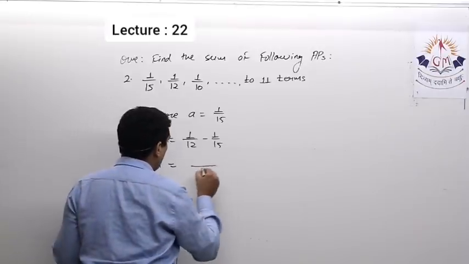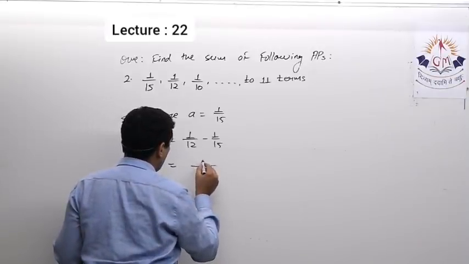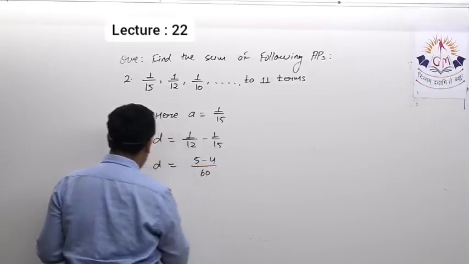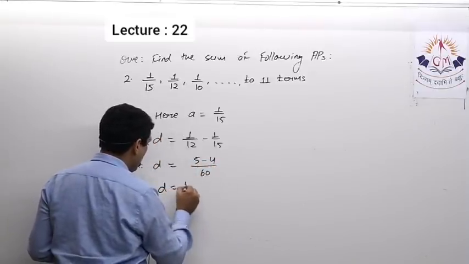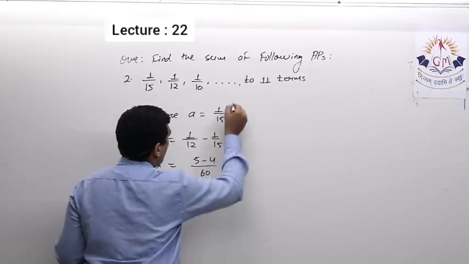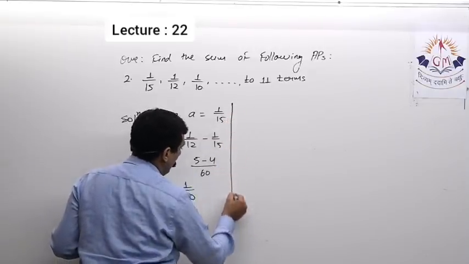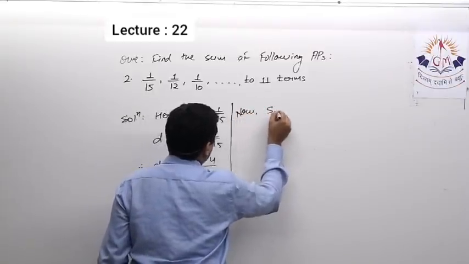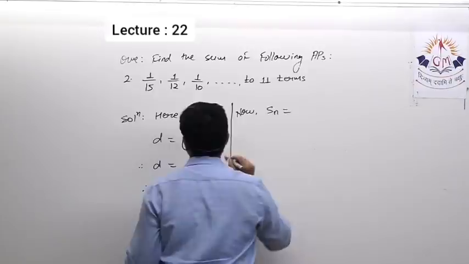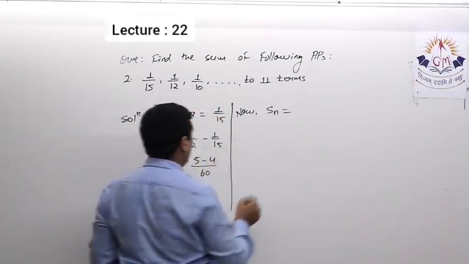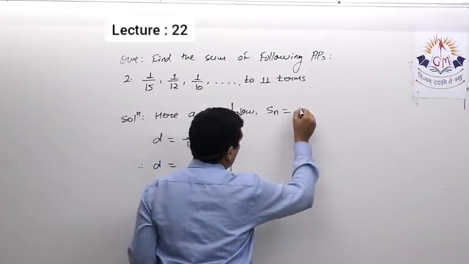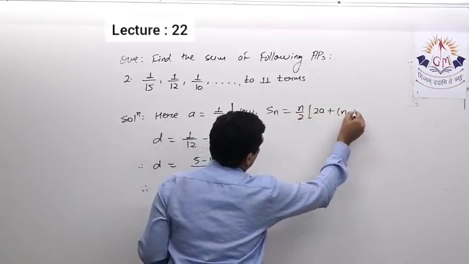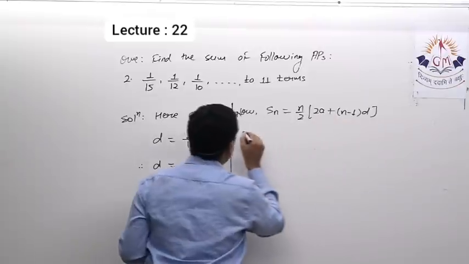So here LCM is 60, so d is 1 upon 60. Now I will apply the formula of Sn. Here n is 11. Sn is equal to n by 2 into 2a plus (n minus 1) into d.